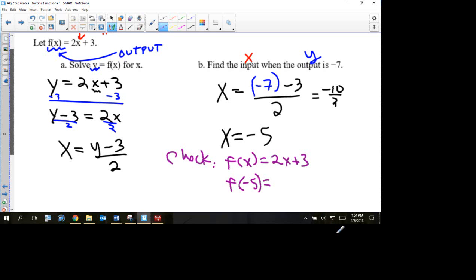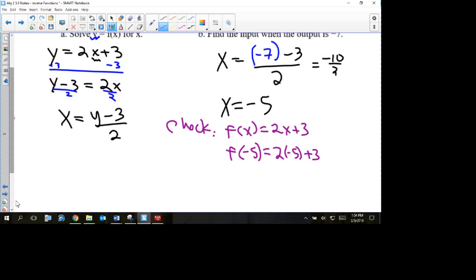Wherever you see an x, make it -5. So we do 2 times -5 plus 3. So we get -10 plus 3, so we get -7. The output is -7 when the input is -5. So that's just proving what it just said up there.